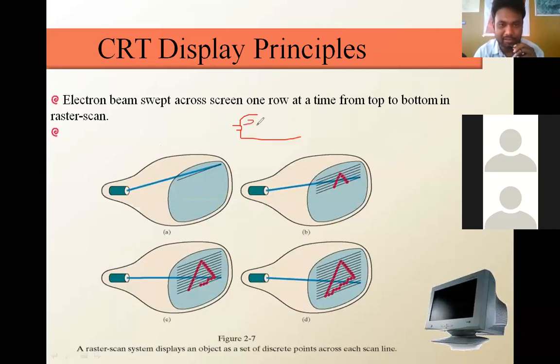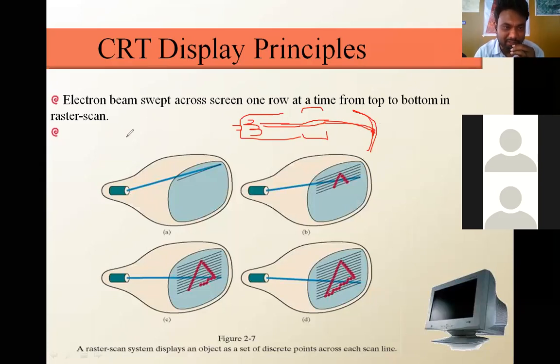By that cathode we generate a high electron beam. To control the path we have the deflection plates, or deflection coils. The beam passes through the deflection coil and hits the phosphorus coated screen. This is the common working principle of the CRT monitor. The electron beam hitting the phosphorus coated screen can happen in two ways.